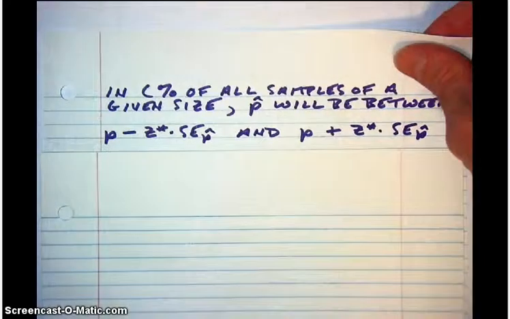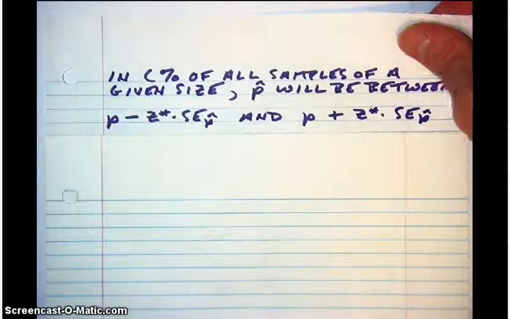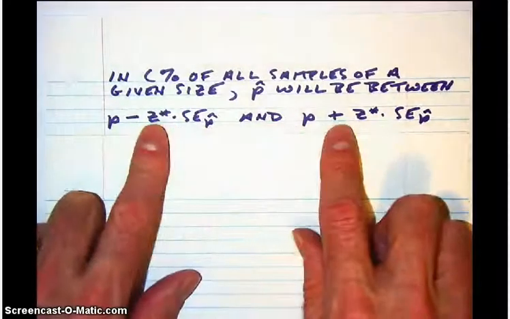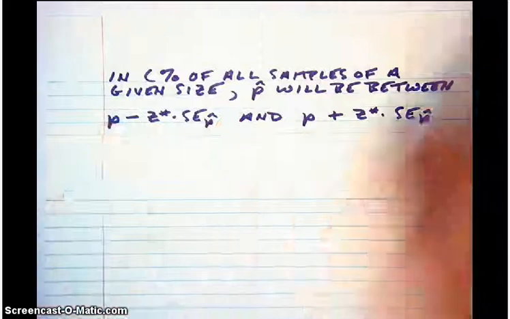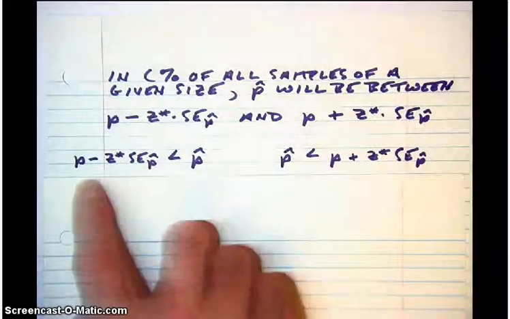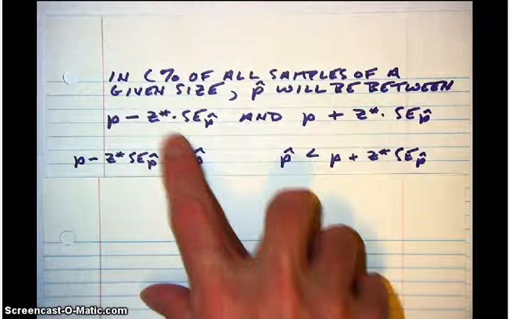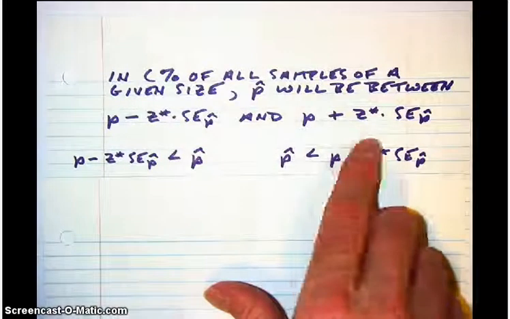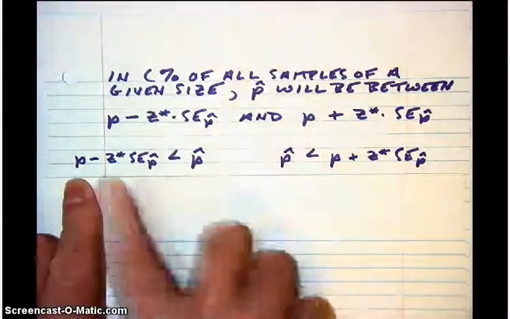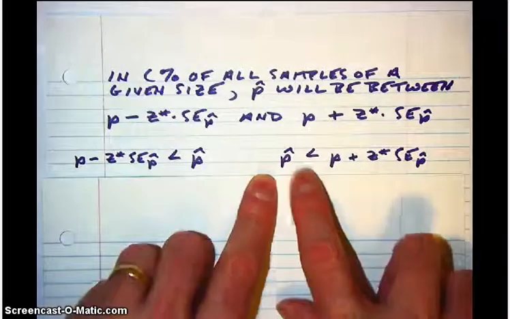Now we're going to do a little bit of work here, a little bit of inequalities. p hat is between these two boundaries. Now I'm going to take that left expression and make p hat be greater than that. p hat has to be between the lower boundary and the upper boundary of that interval that I showed you in the graph a minute ago. And so p hat has to be greater than this, and p hat has to be less than that.